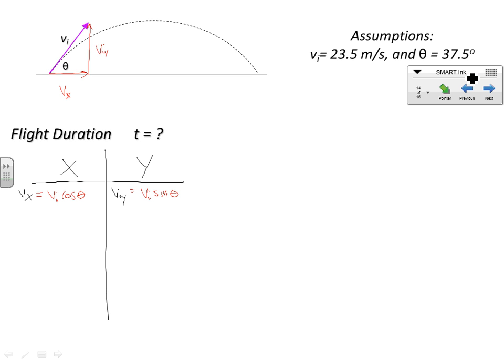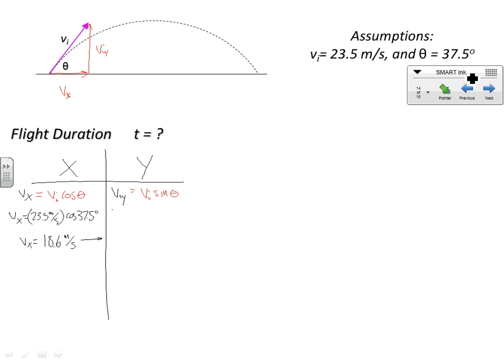Okay, so Vx is, I wish the numbers weren't so big, 23.5 meters per second times the cosine of 37.5 degrees. We get that is, let's see, oh, of course you all have your calculators out and are calculating away. Wonderful. Right, I agree, 18.6 meters per second. You can even throw that in there if you'd like.